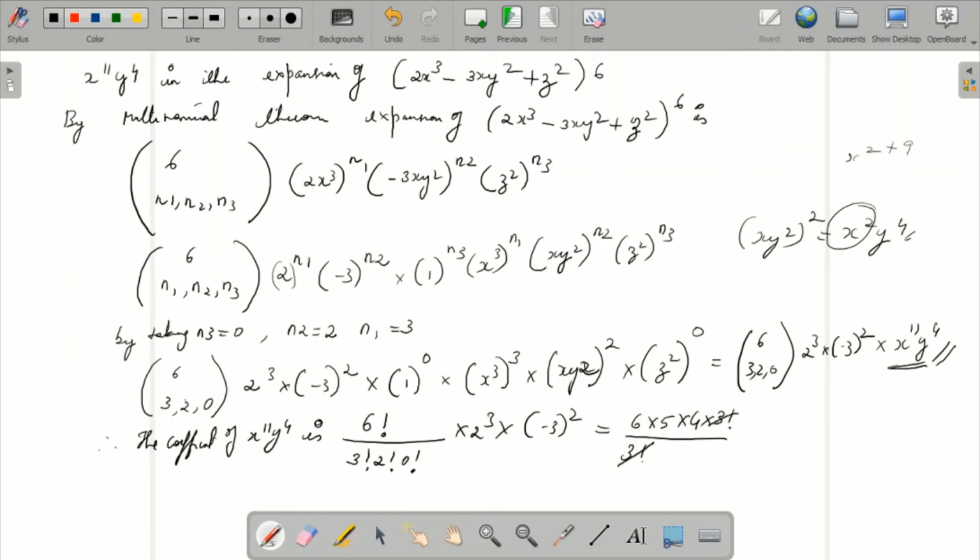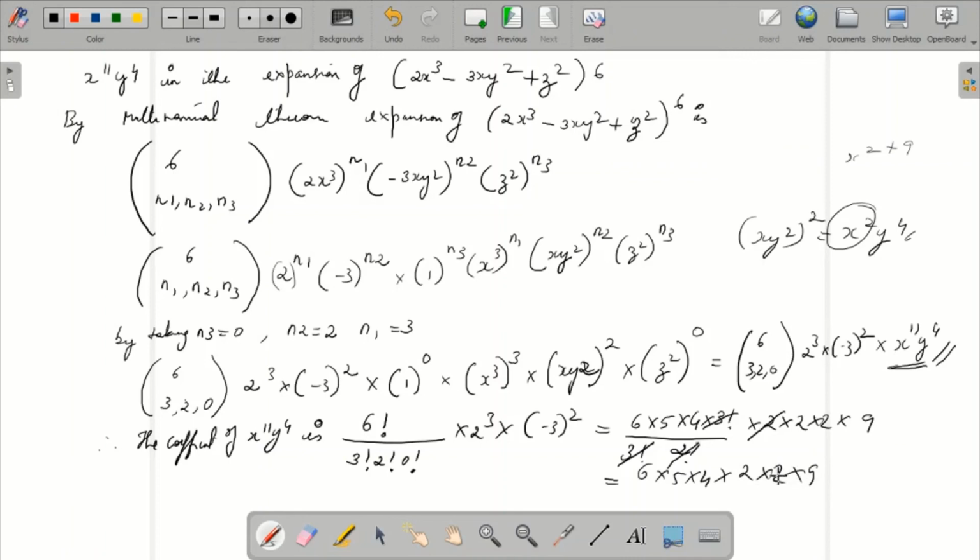So this and this get cancelled, and here 2 factorial is 2, 2 cube is 2 into 2 into 2, and (-3) square is plus 9. So 2 and this 2 got cancelled. So it is nothing but 6 into 5 into 4 into 2 into 2 into 9.